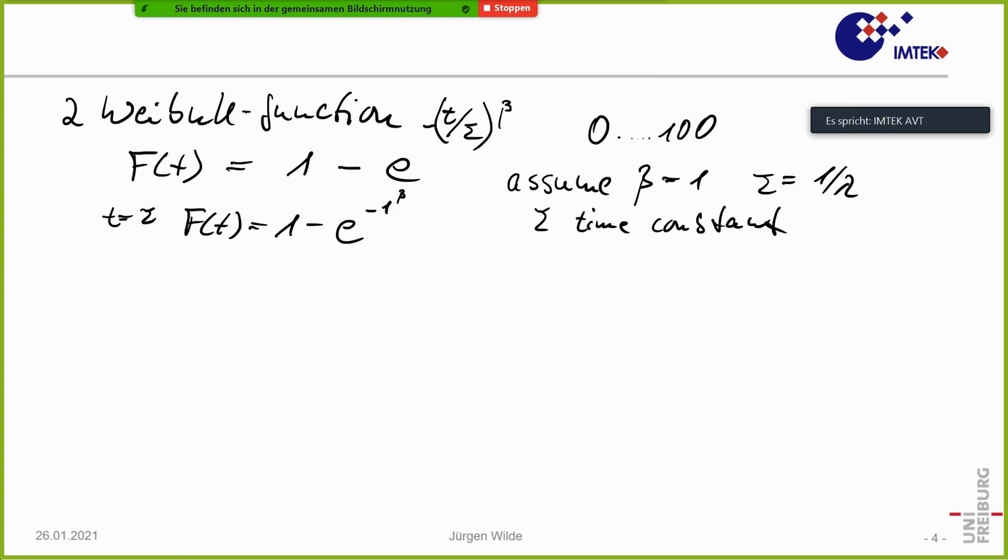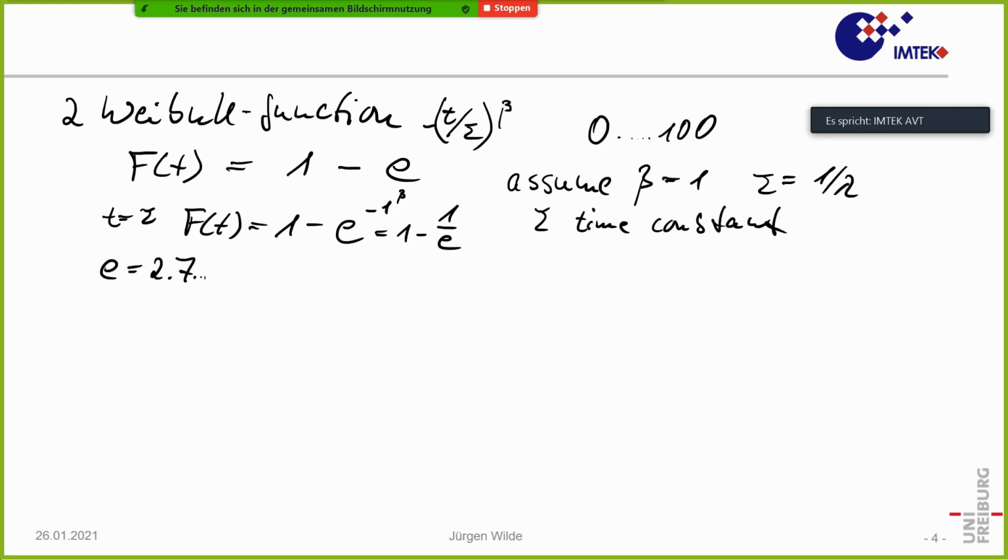You can test it when you say the time is just the time constant, and at that time you end up the f of t is just 1 minus 1 divided by e.